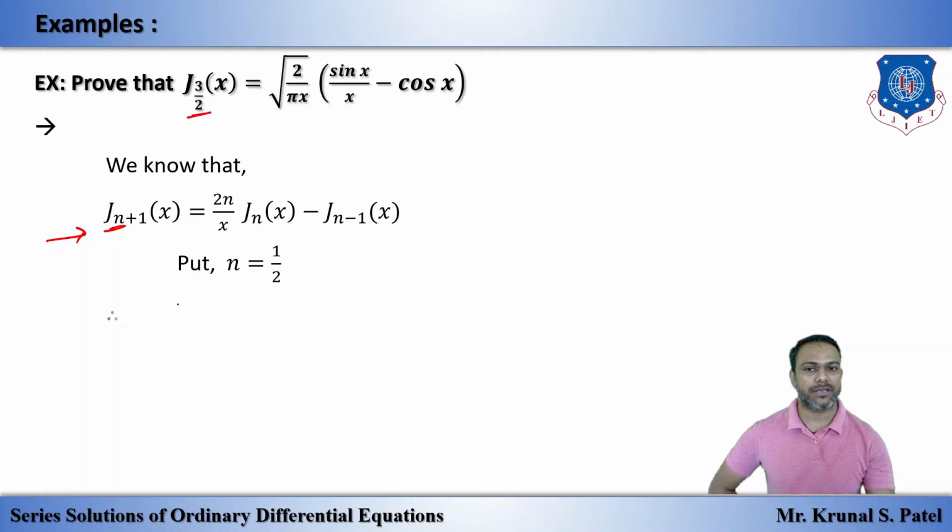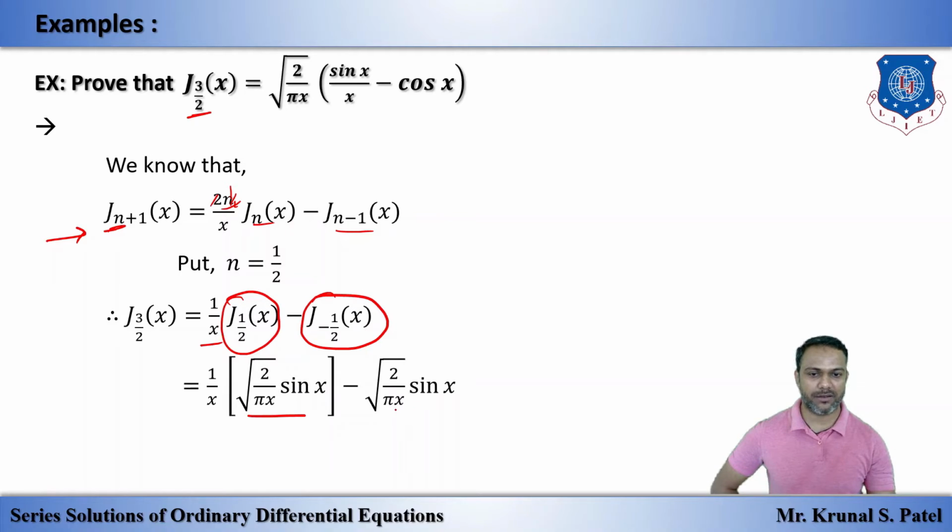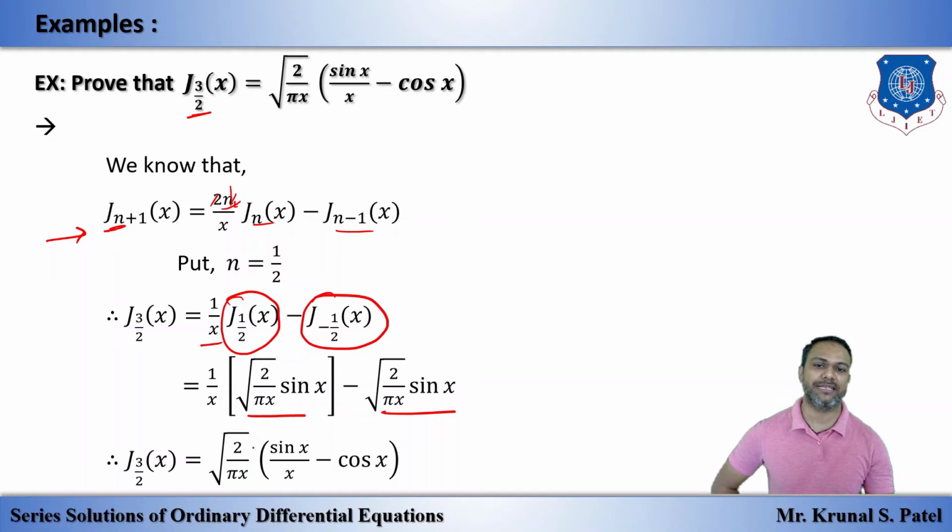So we have 3 by 2, and J 1 by 2 and J minus 1 by 2. Now we have formulas for these two. Already we have proved the values of J half of x and J minus half of x in the previous lecture. So we'll use those formulas, and by simplifying this we have the final answer.